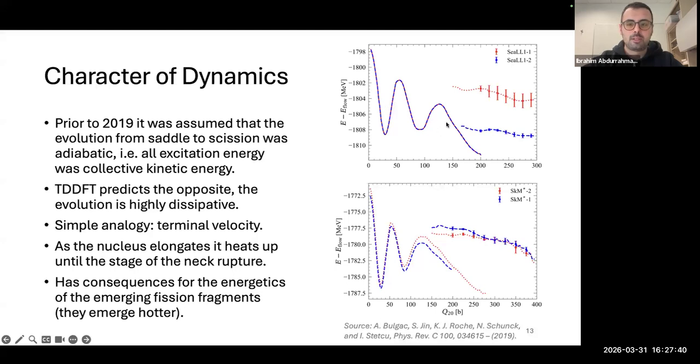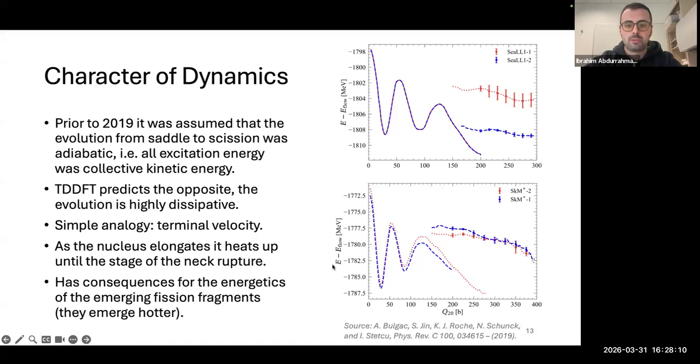All right. In this paper, another result that was talked about that I think is one of the big results in the field is what is the character of the evolution from saddle to scission. Here's just one dimension, so basically projecting out the octupole degree of freedom and looking at the quadrupole, just different functionals, different nuclei.